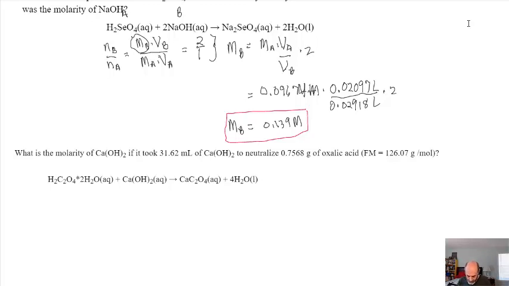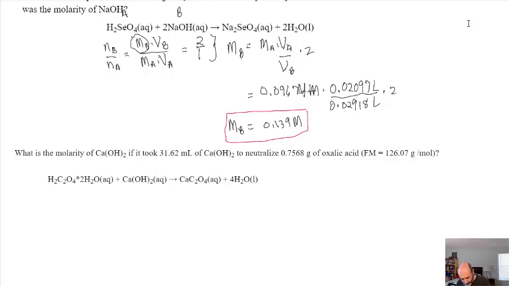The second one's a little different because we're starting out with a mass of the acid in this reaction and not molarity or volume. So our equation is a little bit different.